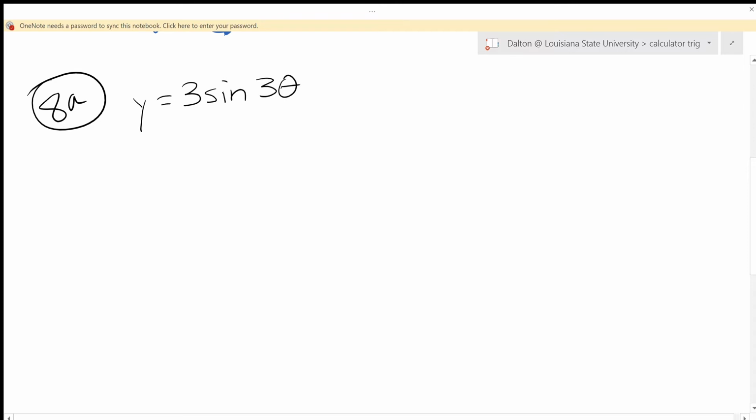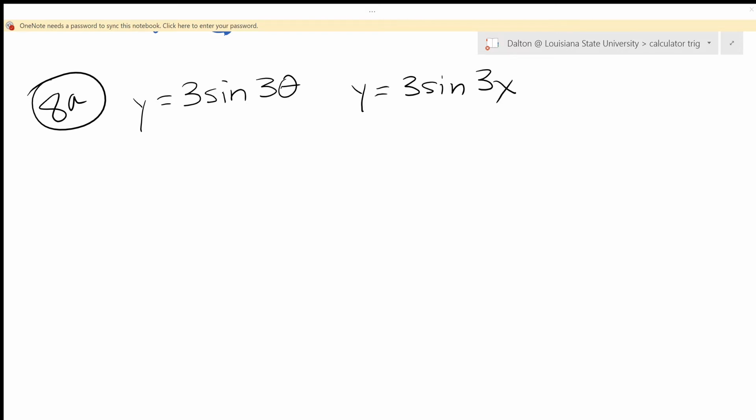Now, when we input stuff into the y equals section, your calculator understands x's as your inputs. So in the y equals section of your calculator, you're actually going to type in y equals 3 times the sine of 3x.